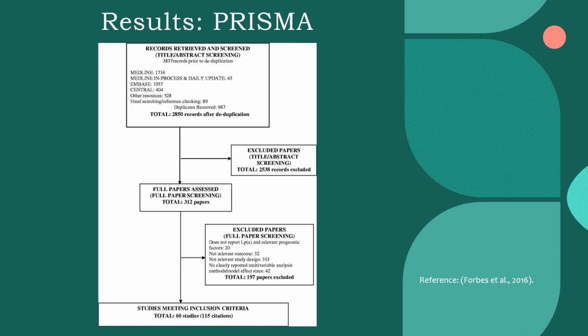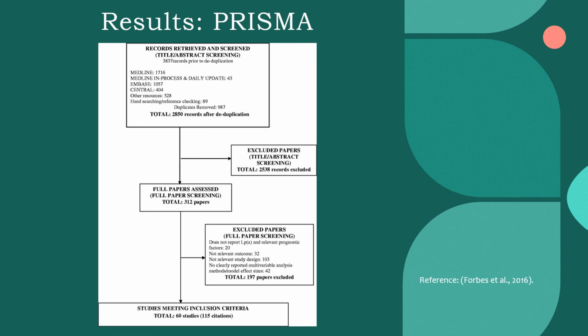Of these, 197 papers were excluded after further examination for the following reasons: 20 papers did not report relevant prognostic factors, and 32 papers did not show any relevant outcome. 103 papers were not related to the study design they were doing.